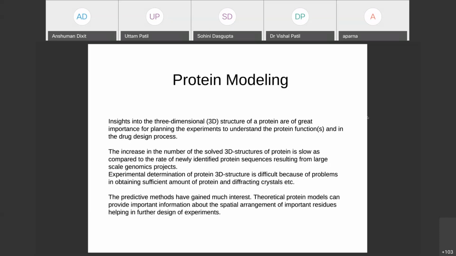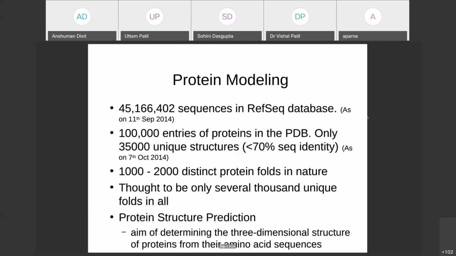This can give you a very good idea about the 3D arrangement of the residues, the secondary structures, the arrangement of secondary structures, the tertiary structures, and the quaternary. A lot of information it can give you about the protein, and it can help you in the design of further experiments.